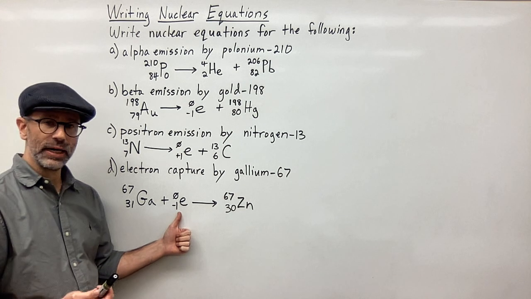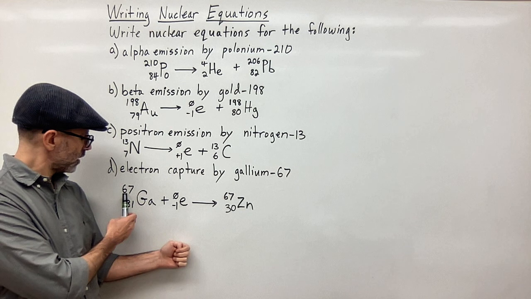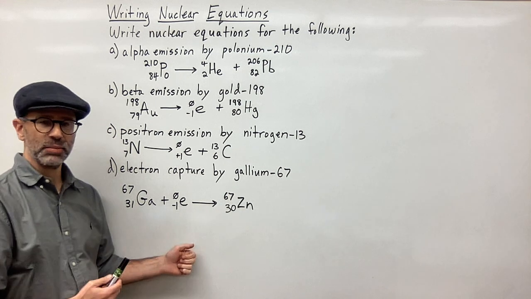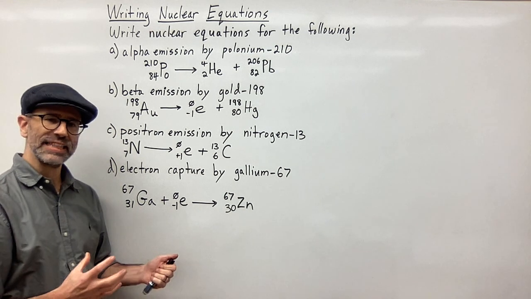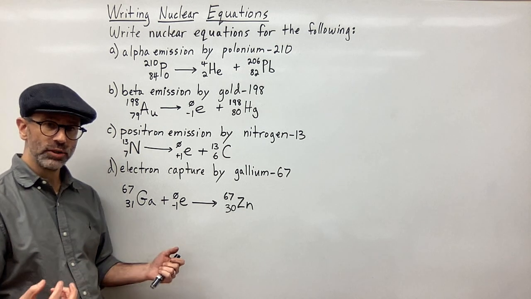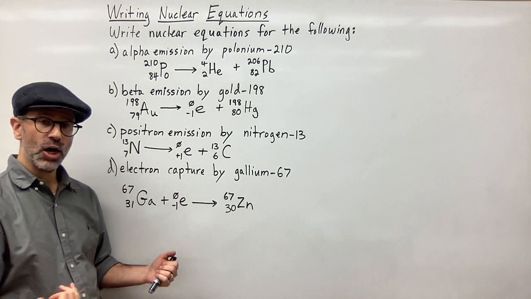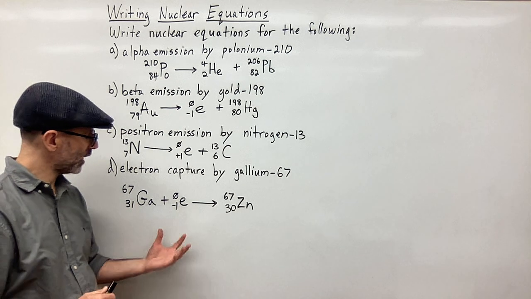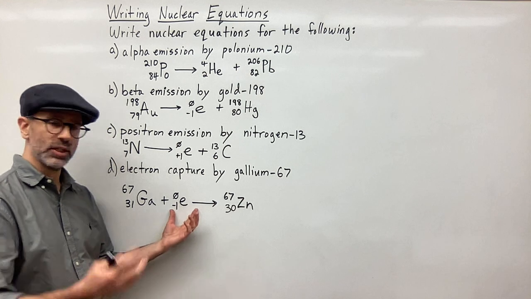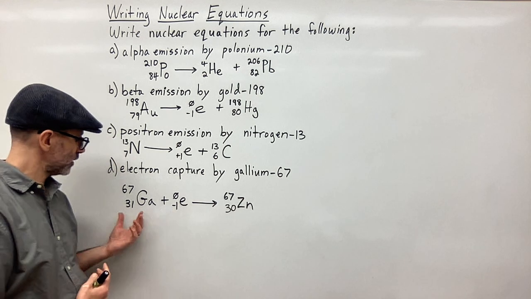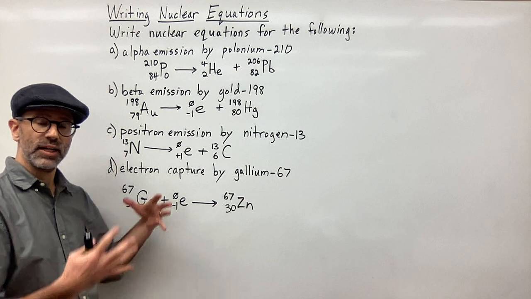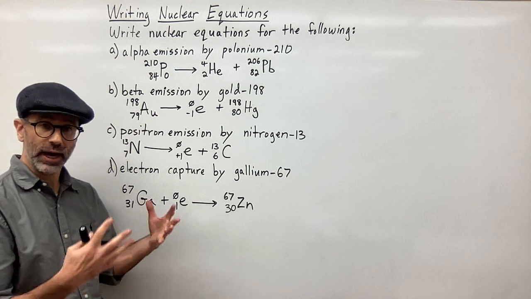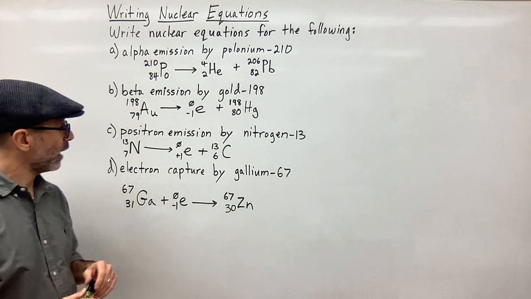Where did the proton go? Well, if you notice, the mass number stayed the same. Well, how can the mass number stay the same if you lost a proton? It should go down, right? Not if you gained a neutron. So what happened here is an electron was absorbed into the nucleus, combined with a proton, formed a neutron. Okay, mind-blowing, right?